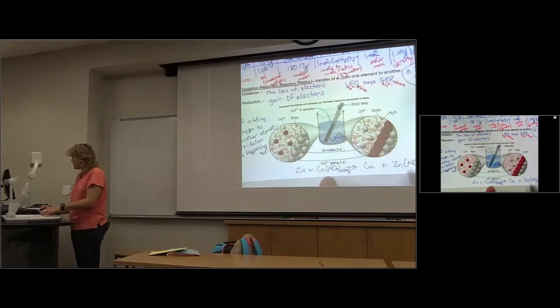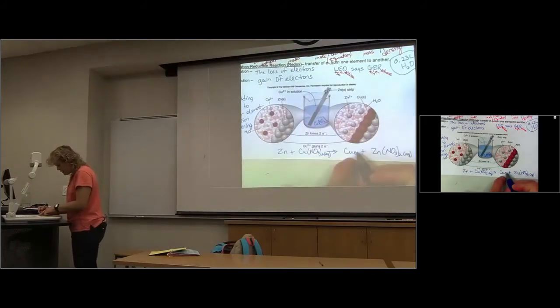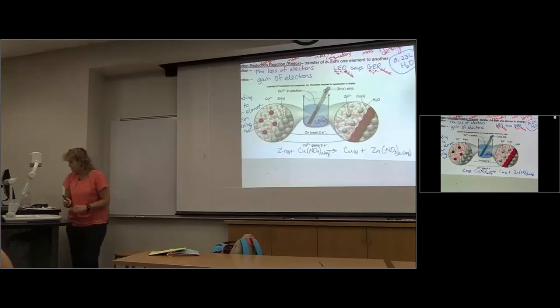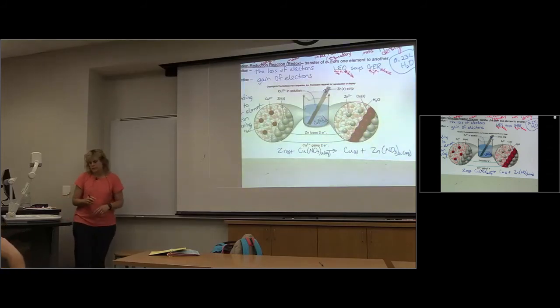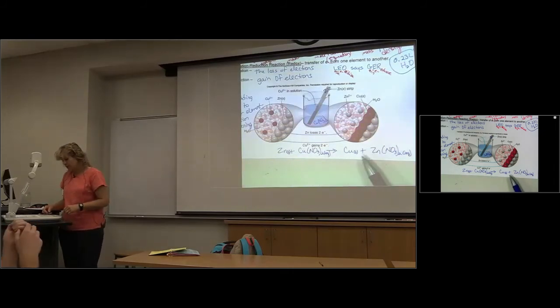That just means these substances are dissolved in water. This is a solid, and this is a solid. So zinc solid plus copper 2 nitrate yields copper solid plus zinc nitrate.